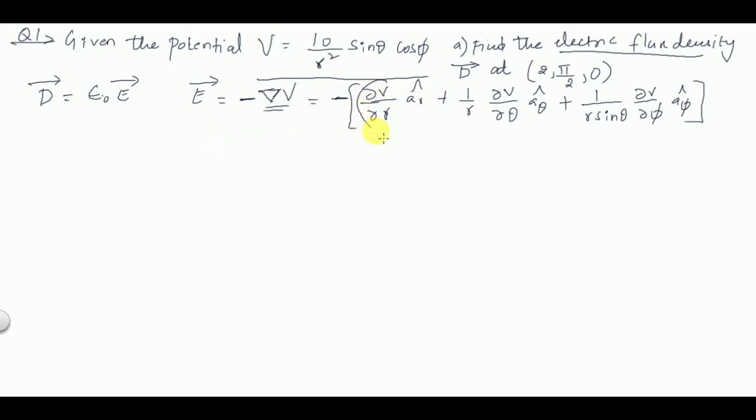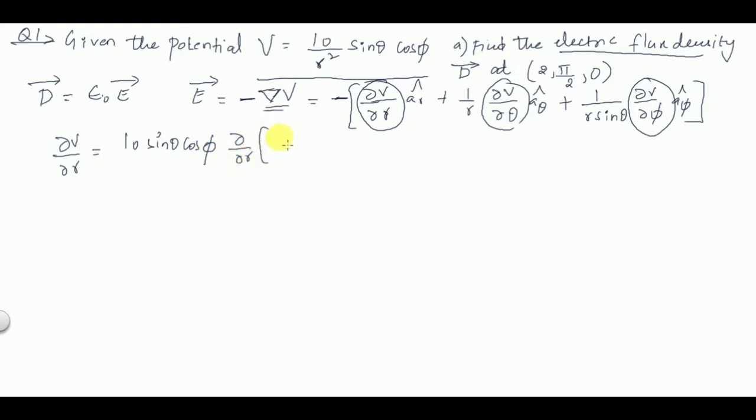We need to find dou V by dou R, dou V by dou theta and dou V by dou phi first. V is 10 by R square sin theta cos phi. When you differentiate with respect to R, sin theta and cos phi are constants.